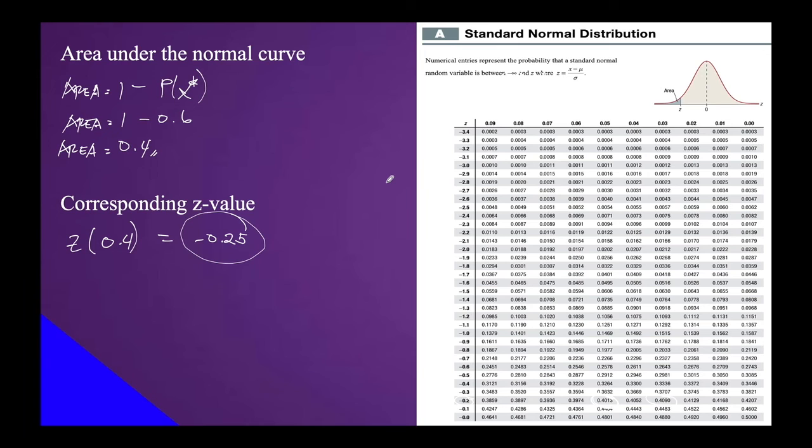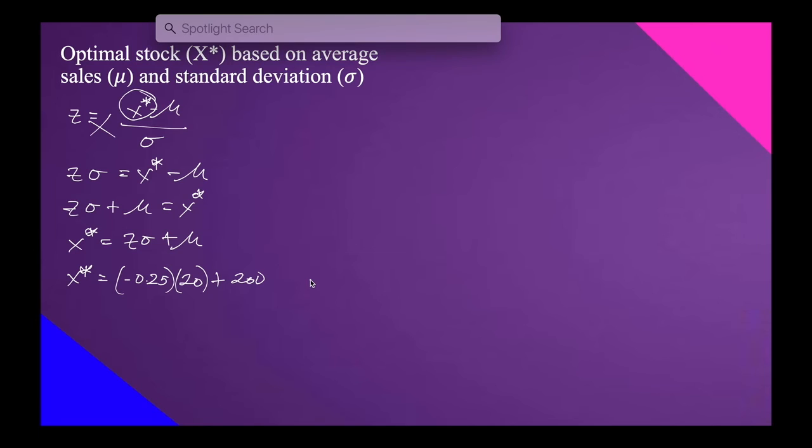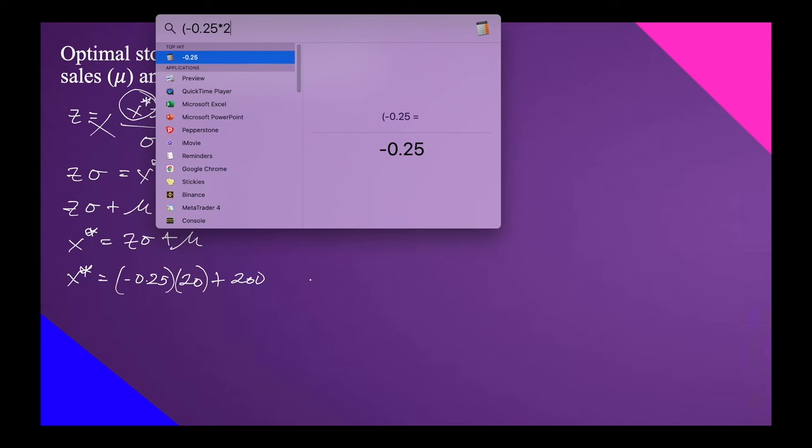Okay, so 200. Okay, so let's have our calculator. Negative 0.25 multiply to 20 plus, let's have 200. Okay, so our answer is 195.